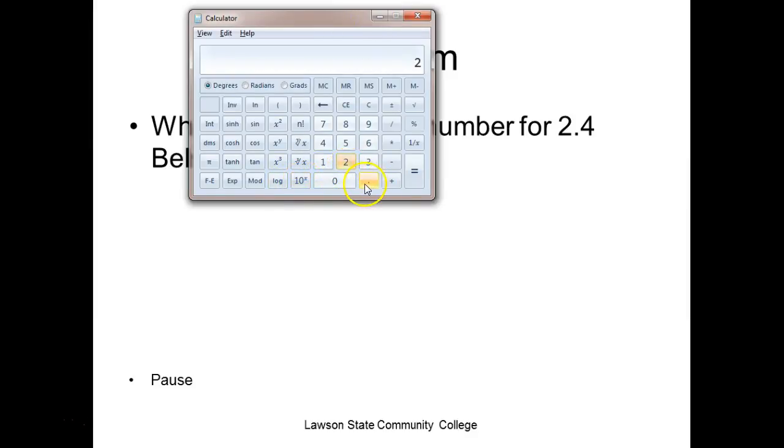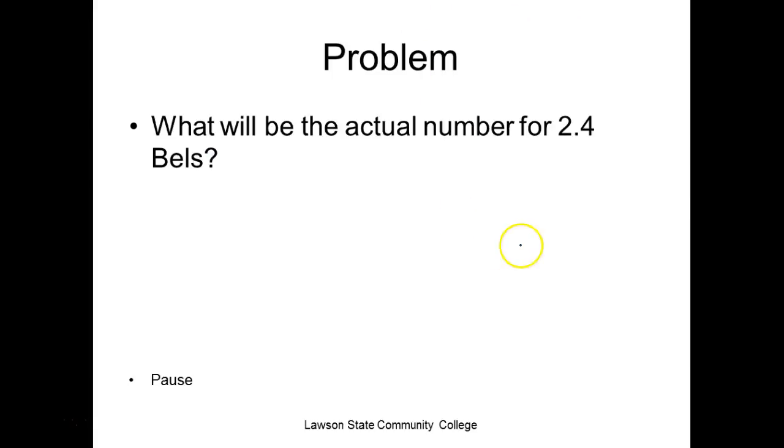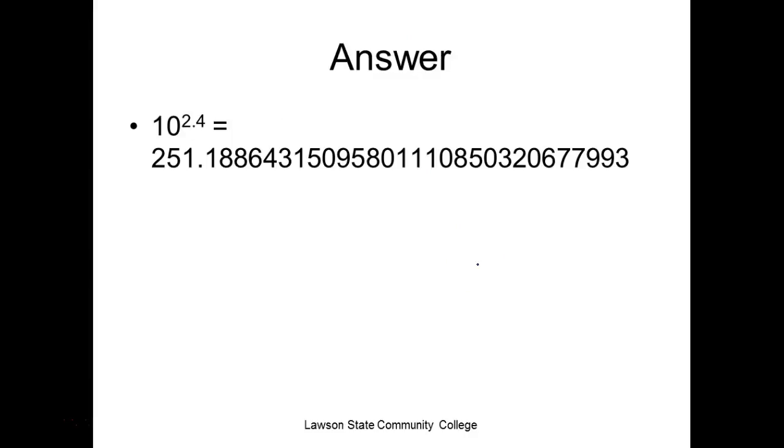So I'd enter 2.4 and hit 10 raised to that power, and it gives me 251 point something. So to get the actual number, we raise 10 to that power. To get the bels, I just hit the log key, and that gives me the number of bels. Are we okay? And there's the whole answer.